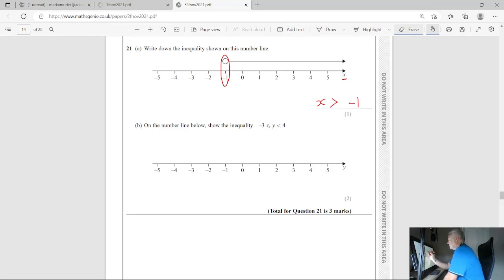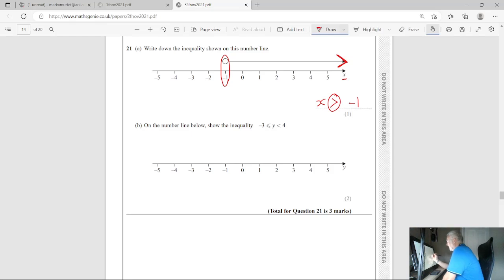So x could be 0, 1, 2, 3, 4, 5. They're all bigger than -1. Okay, so x must be bigger than -1. So let's look at my sign, because this is the most common mistake people will make. My arrow goes that way.